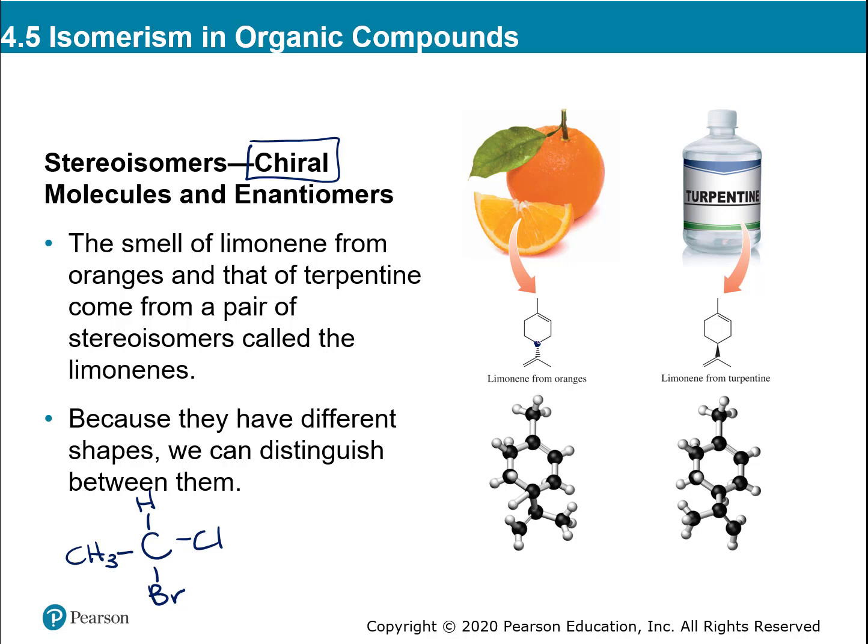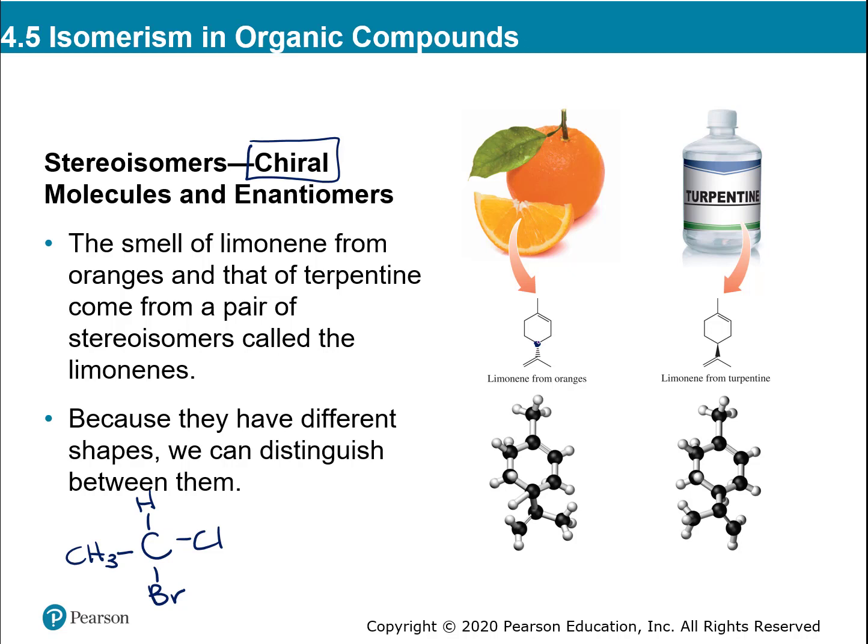But if I make the mirror image of that, notice at the very bottom, the little group hanging off is a dash, dash, dash, so it looks like it's pointing back. But look at the mirror image one, it would be pointing forward. So that is also a molecule called limonene. But instead of smelling like oranges, this smells like paint thinner, right?